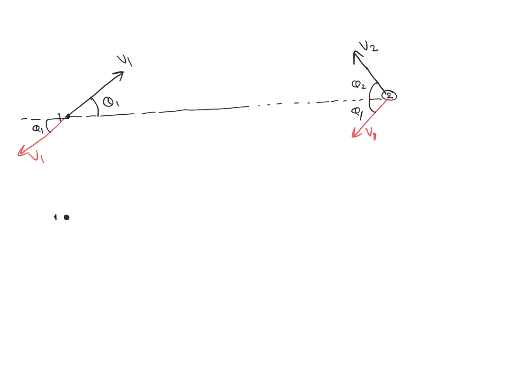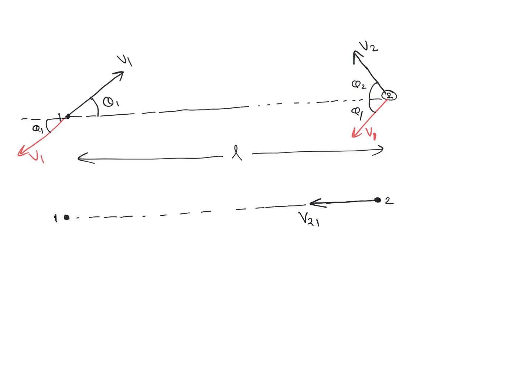Now we are keeping particle 1 at rest, and if the velocity of the second particle is along the line joining 1 and 2, so this is the velocity of 2 with respect to 1, then they will make a collision. Let's say the initial distance between the first particle and the second particle is L. We are going to find out the value of the time taken for the collision.